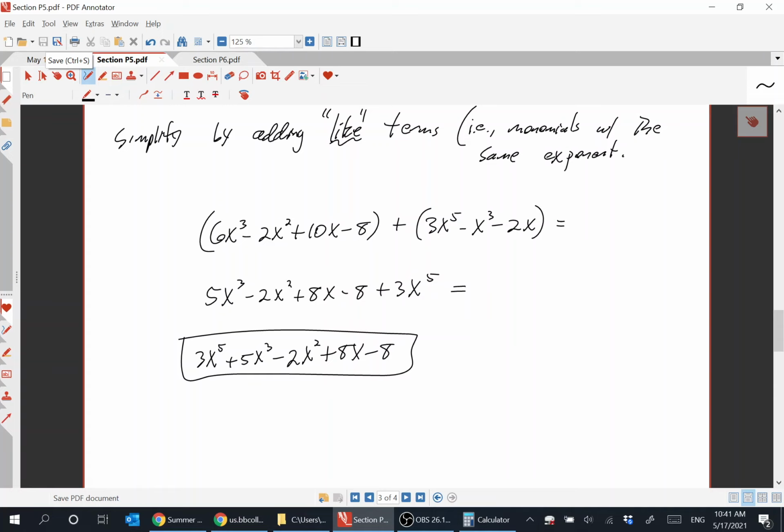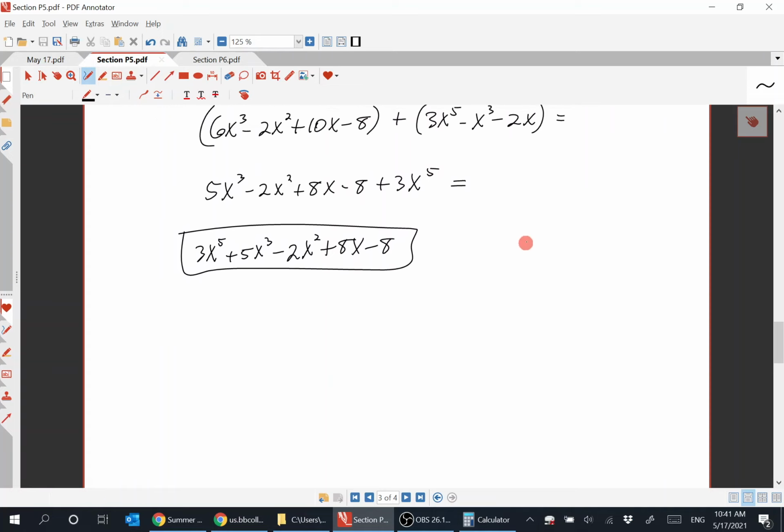Or, if we were to subtract these two things, let's do a different one. 10x squared minus 5x minus 10 minus 2x to the fifth plus x squared plus x plus 1.